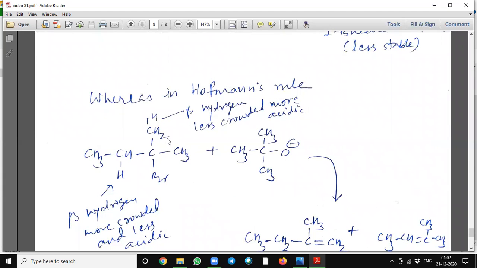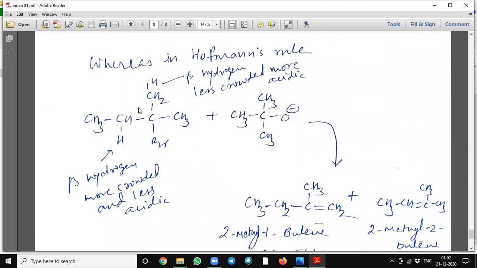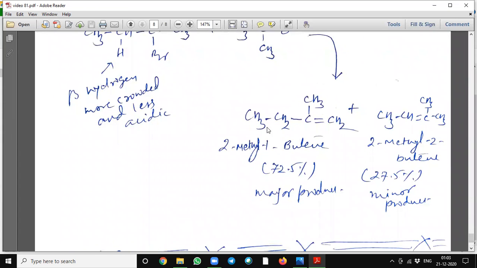So in this condition, it is just opposite to the Saytzeff rule. Here we will get 1-butene. See how? Because this proton is less crowded, it is more acidic compared to this proton, right? The beta proton is more crowded and less acidic. So this proton will be eliminated. So it will give 2-methyl-1-butene. It is the major product, and this one will be the minor product.